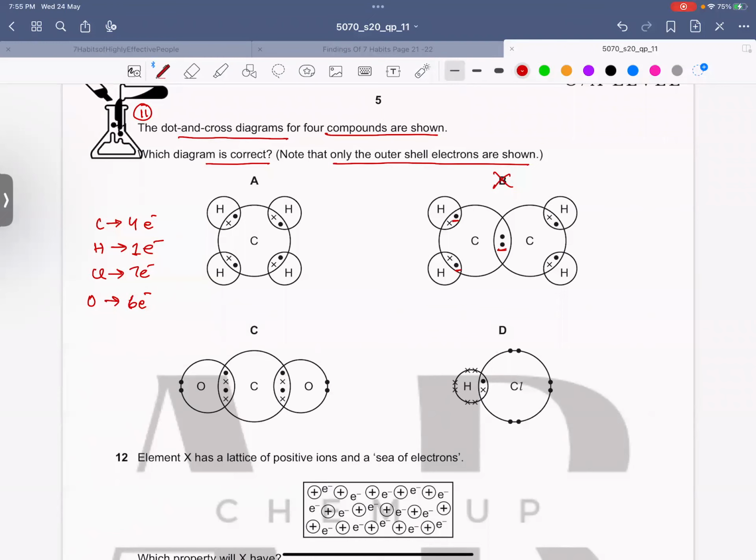D is also wrong because they have shown 7 electrons for hydrogen. Hydrogen only has 1 electron in its outermost shell. C also goes wrong because they have shown only 4 electrons for oxygen instead of 6 electrons in the outermost shell. So A is your correct answer.